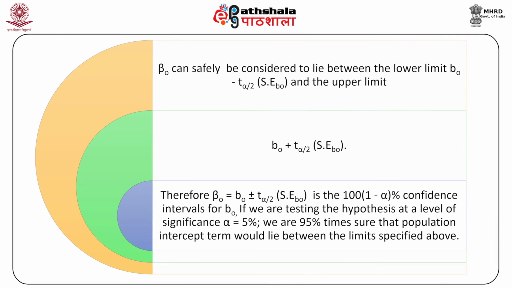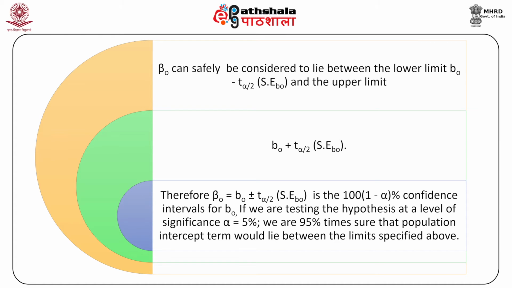Confidence interval of the intercept coefficient beta naught. Beta naught can safely be considered to lie between the lower limit b naught minus t alpha by 2 SE b naught and the upper limit b naught plus t alpha by 2 SE b naught. Therefore, beta naught equal to b naught plus minus t alpha by 2 SE b naught is the 100 into 1 minus alpha % confidence interval for beta naught.